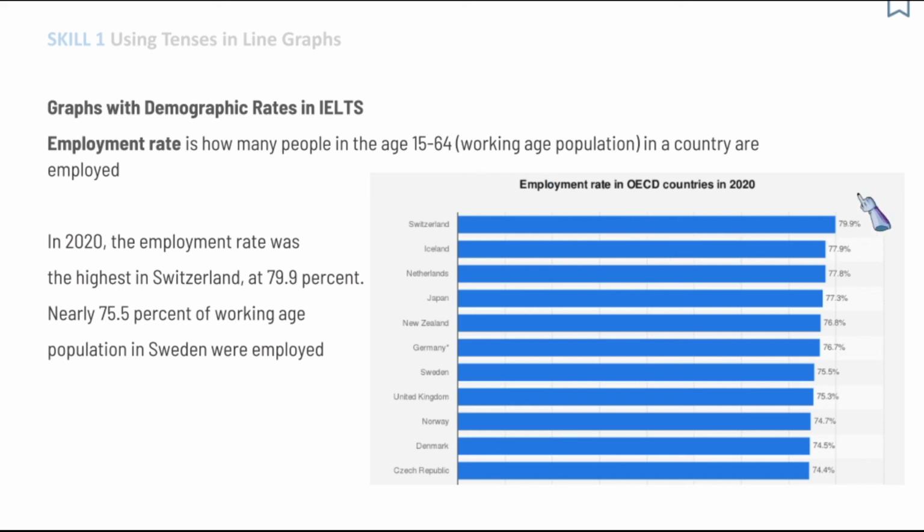Here you can see a bar graph which demonstrates or illustrates employment rate in some European countries. And for example, about Sweden, we can say that nearly 75.5% of working age population in Sweden were employed. And about Switzerland, we can say that the employment rate was the highest.